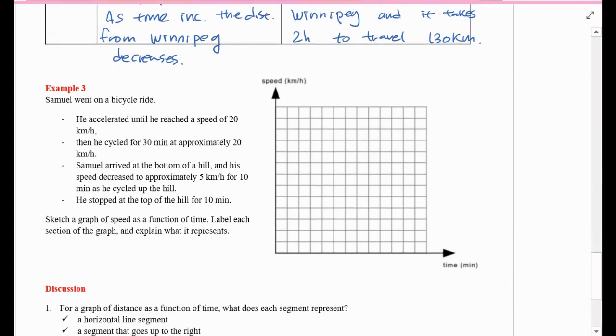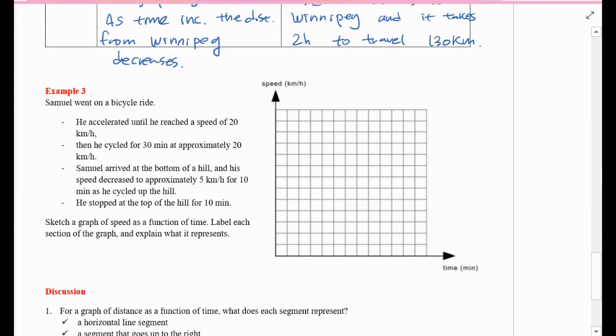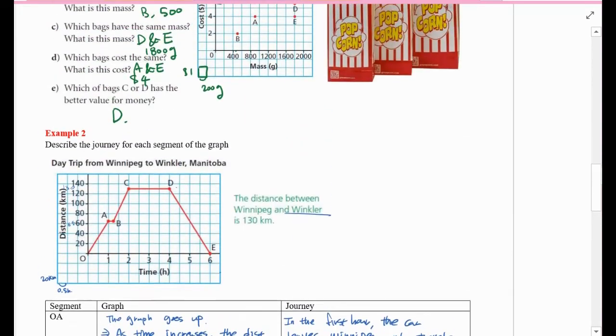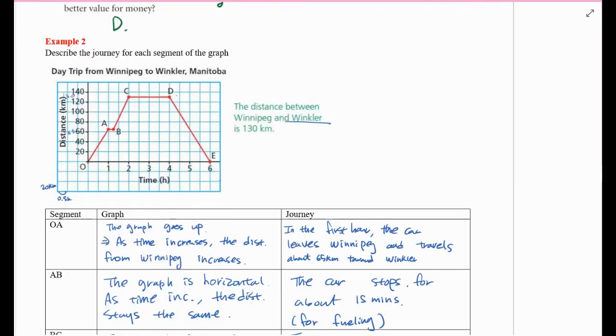Okay. Alright, so do you guys understand how to interpret a graph? So using a graph, you should be able to interpret the situation, right?